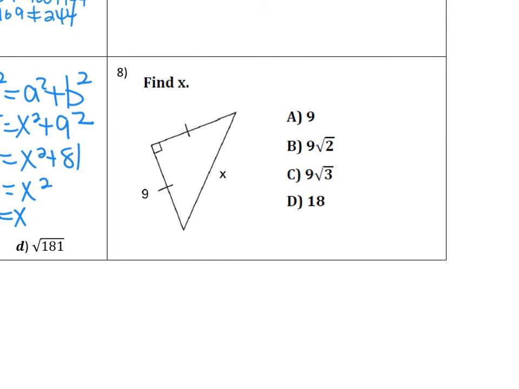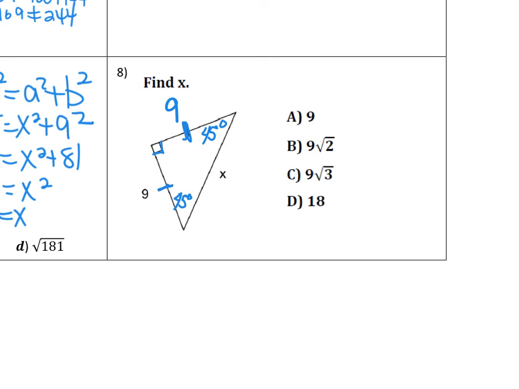Here's our last one with our first video. When I look at this triangle, I see isosceles. I see 2 sides that are the same and I see a 90-degree angle. So if this side is 9, then I know that this side is 9. This is also a special triangle. When 2 sides are the same, 2 angles are the same.